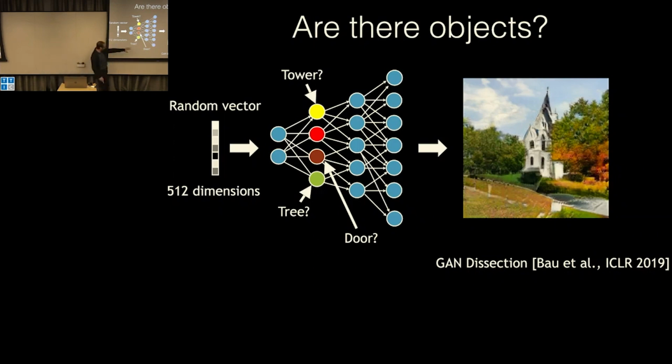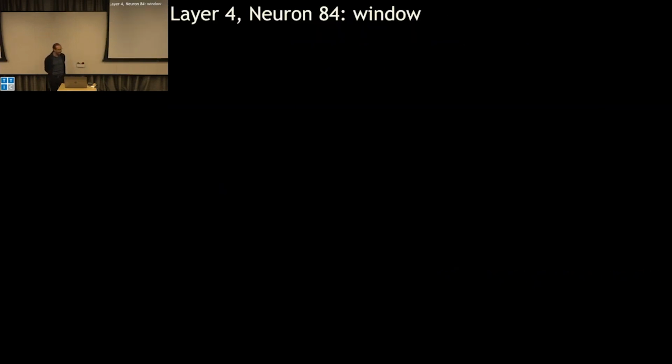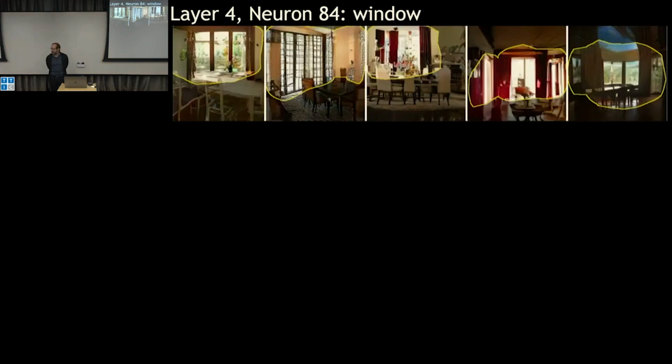And this is work that David Bau was doing when he was a PhD student in my group. And he went through all the neurons in a big GAN neural network, and then he discovered that in layer 4, unit 84, whenever it got activated, a window would appear on the picture. And the region that is highlighted is the region that this neuron is active for.